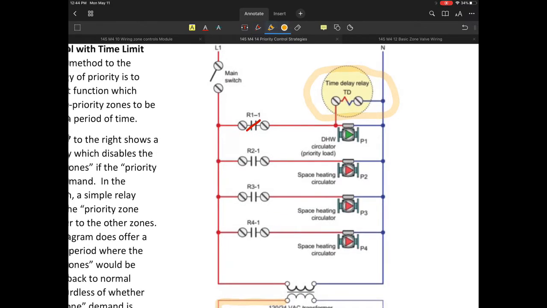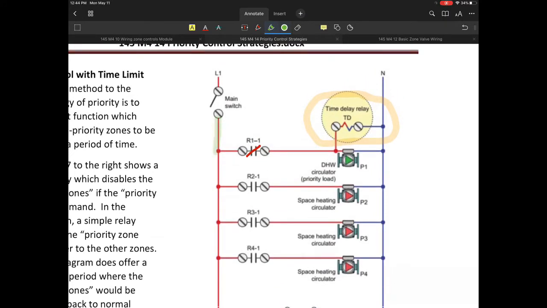When R1 becomes energized, that will in turn open this set of contacts, and the 120 volt relay contact R1-1 will close. We are then going to send our 120 volt power directly down through R1-1 all the way to the domestic water pump to energize the domestic hot water circulator priority load.